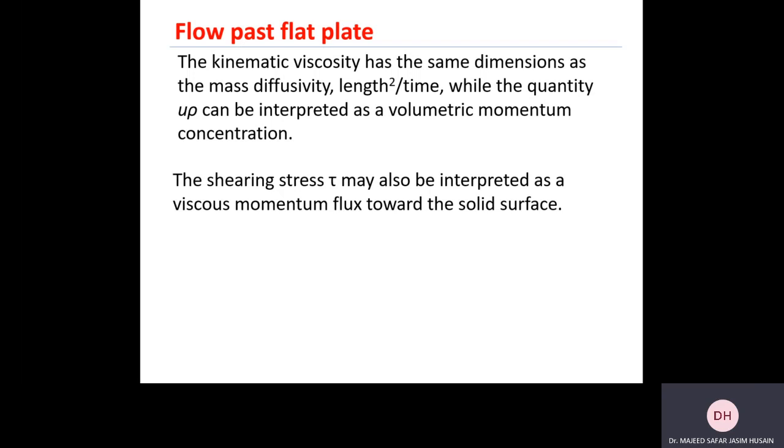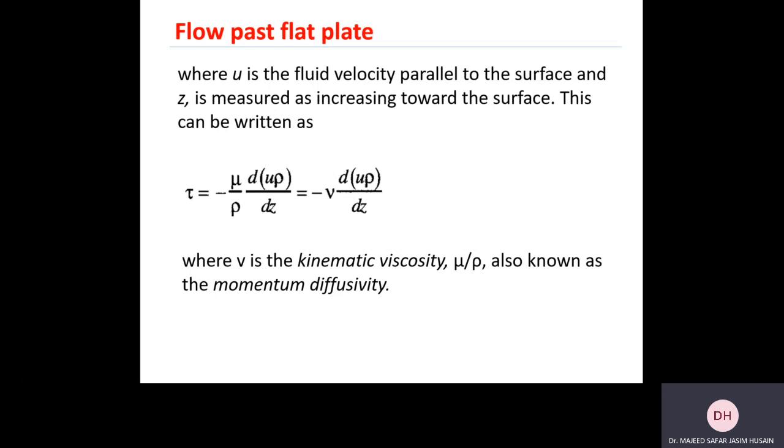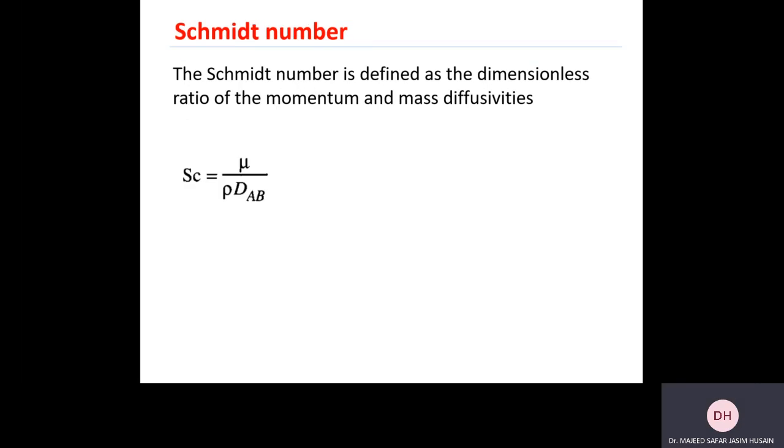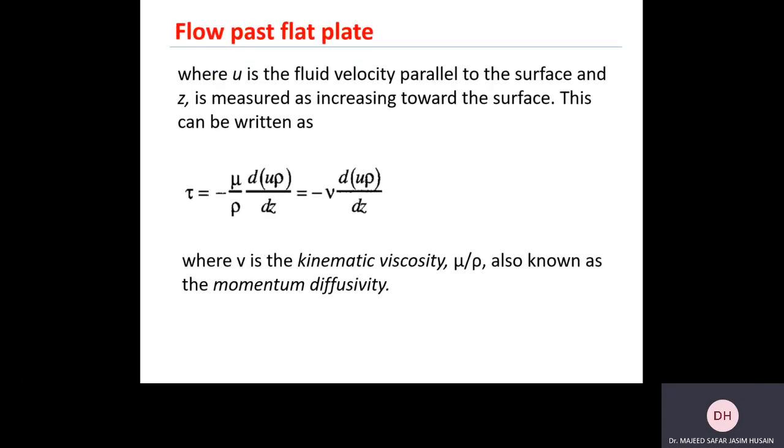So what is inside the derivative here, U multiplied by rho, we call the volumetric momentum concentration. And the shear stress may also be interpreted as viscous momentum flux. So now we define each one of them as words rather than just symbols.